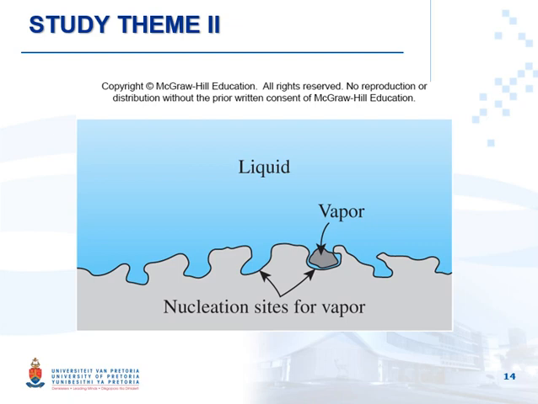So just think about that. By roughening the surface, you can sometimes get 10 times higher Q dot, or heat transfer rate, for the nucleate boiling regime.